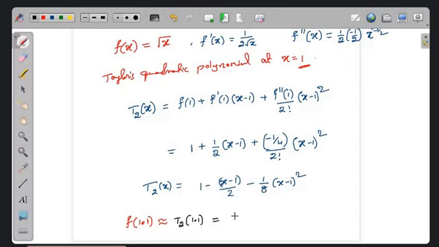So that equals 1 plus (1.1 minus 1) by 2, minus 1 by 8 into (1.1 minus 1) whole square.